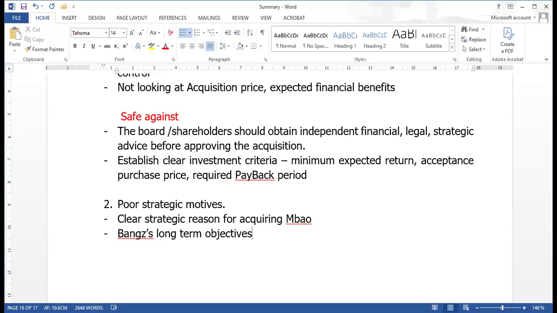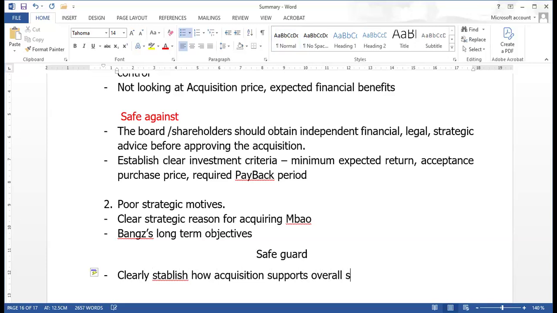Okay, so the safeguard here is that as you're trying to do this, establish clearly how the acquisition supports the overall strategy before proceeding.